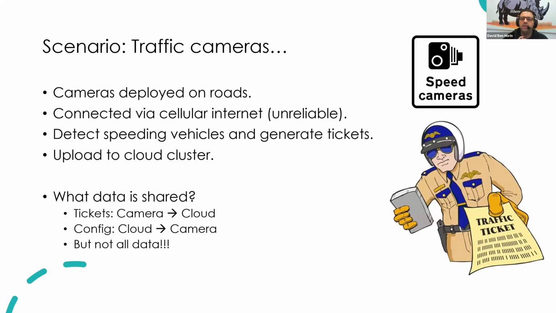The idea here is that at the camera, we need to be able to take the photograph, analyze it for speed and stuff like that, figure out what the actual relevant speed is for the road segment that we are looking at, and generate the ticket. At the same time, there have actually been quite a few cases of people knowing that they got caught by the speed camera, and then they went back and stole the camera or tried to damage it.